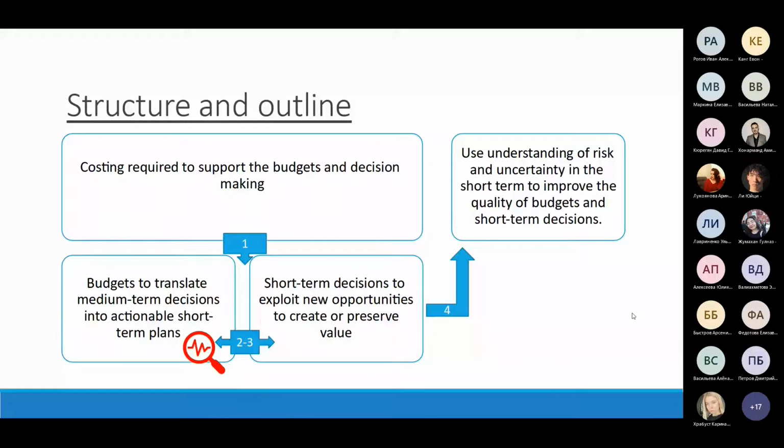We have to discuss budgets to turn medium-term decisions into actionable short-term plans. So budgets are special instruments that will help us to create short-term plans and make those plans related to the strategy of the company. So starting from this very moment, we are very close to decision making and evaluating initial outcomes. So what are the objectives of budgeting?